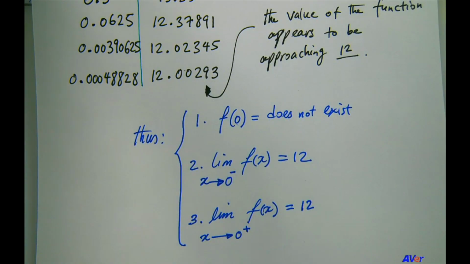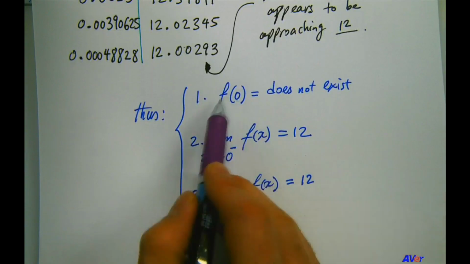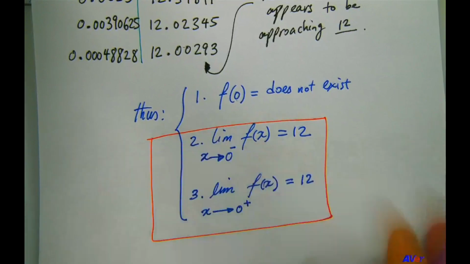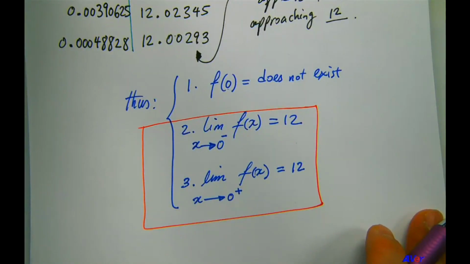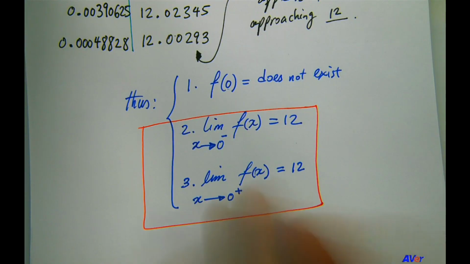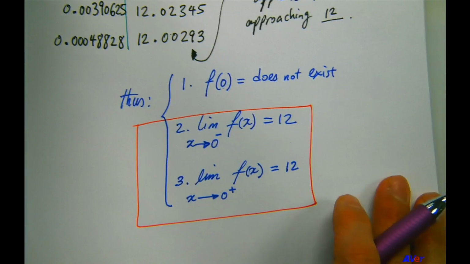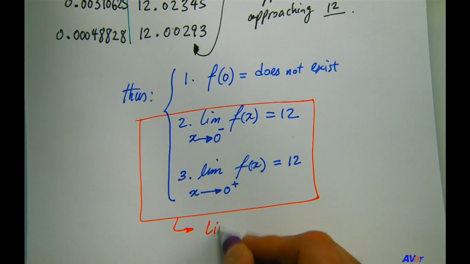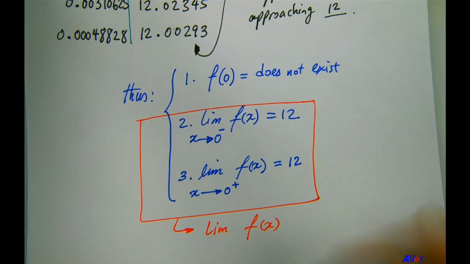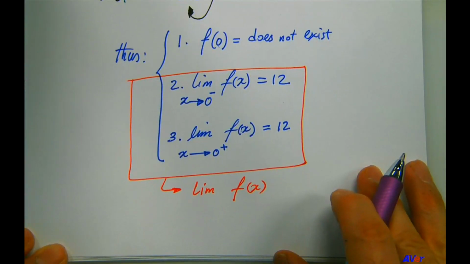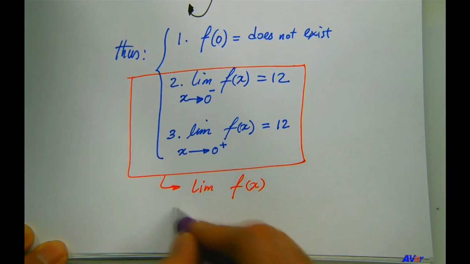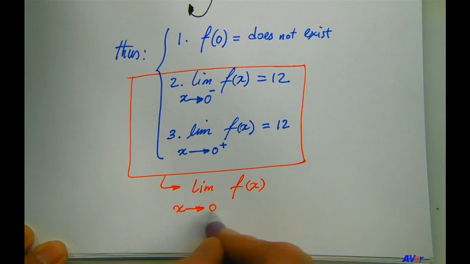So the final conclusion is that the function at 0 does not exist, but the function as x approaches 0 does have a limit, and it's equal to 12. Okay, so therefore the limit of function f as x goes to 0 or approaches 0.